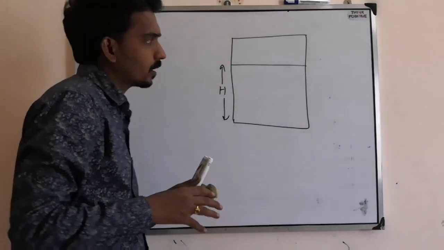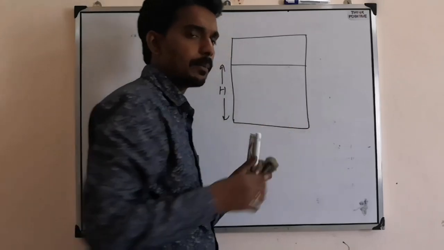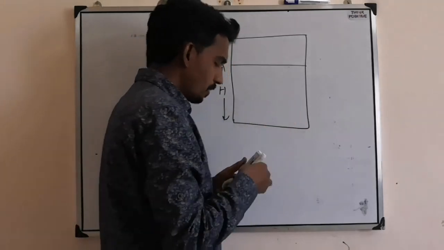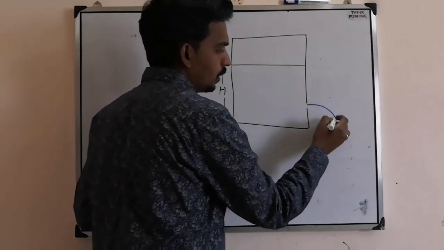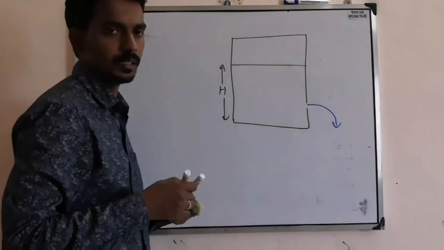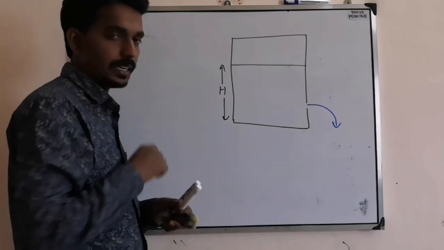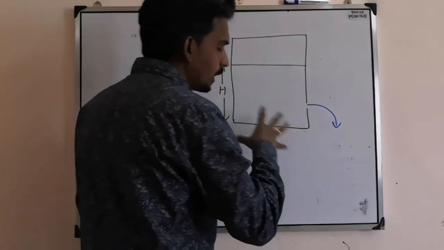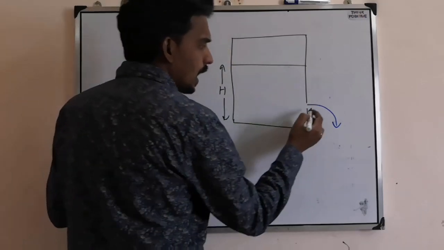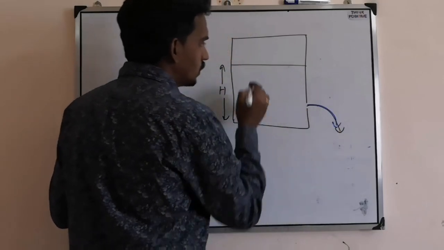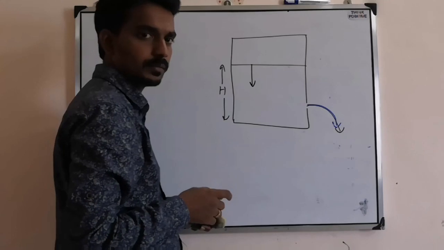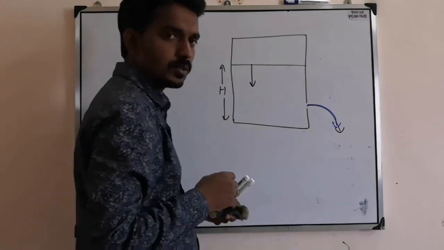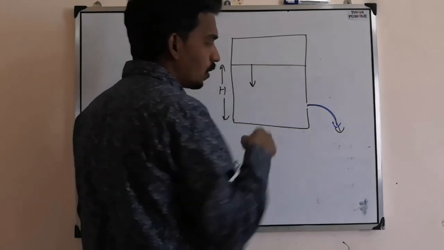Now if you make one small hole at the side, then liquid will come out. That we know. As liquid is coming out, this liquid level will come down.